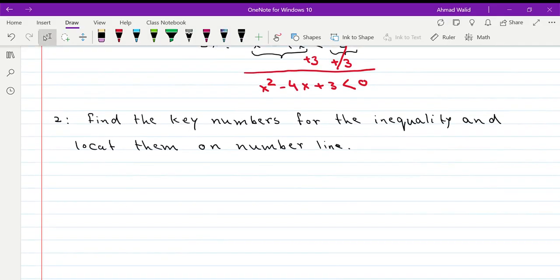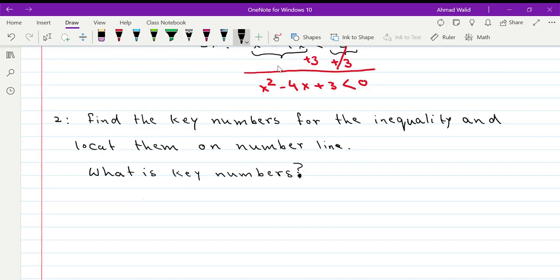What is now a key number? Let's answer this question. What are key numbers? Because I have to know what key numbers are. If I don't know what key numbers are, then how to find them, right? Look at this 4 example here.